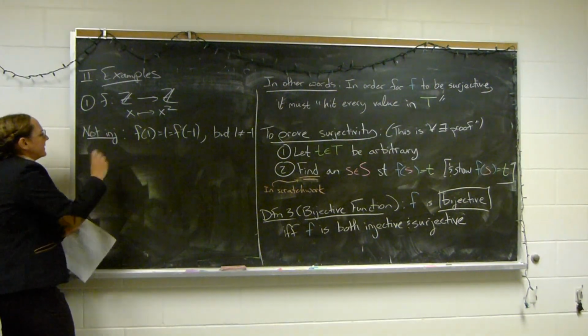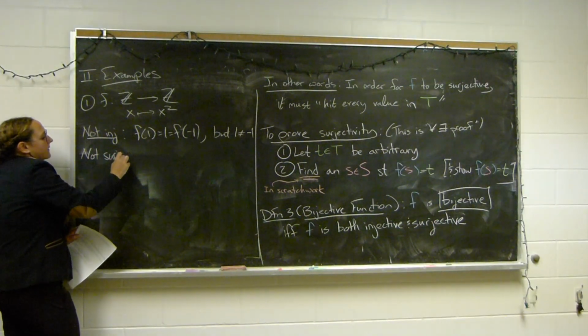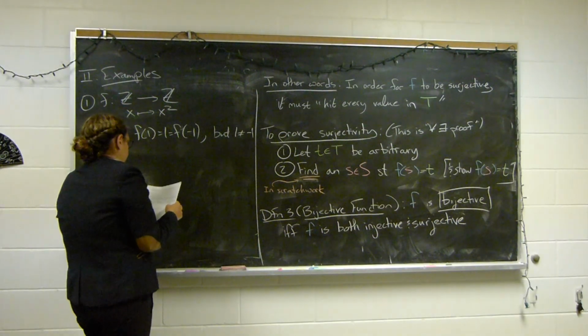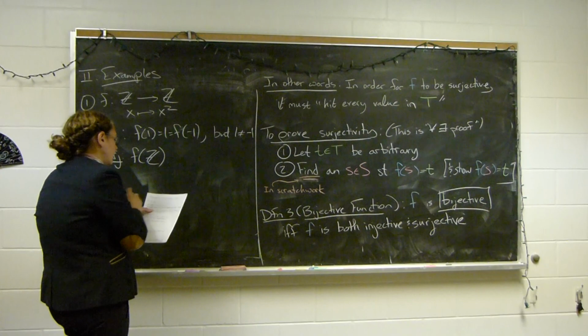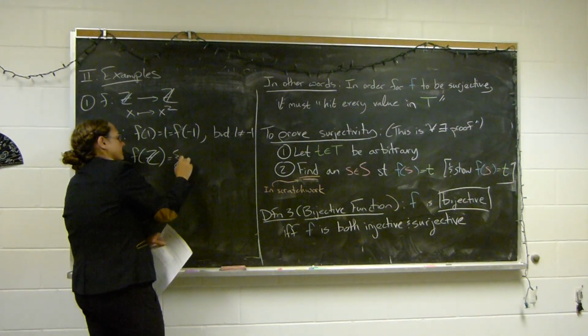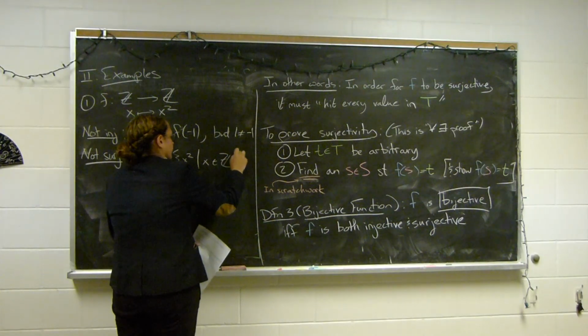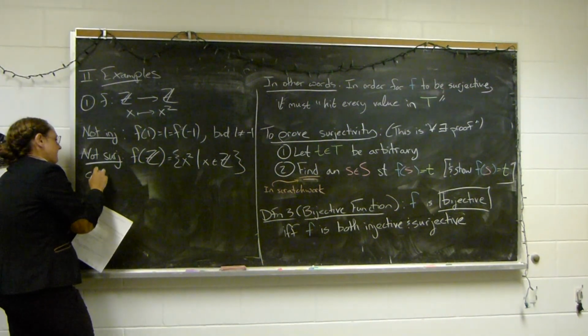And then it's not surjective also, right, because we have lonely elements. If I look at the image like this, then this consists of non-negative integers only.